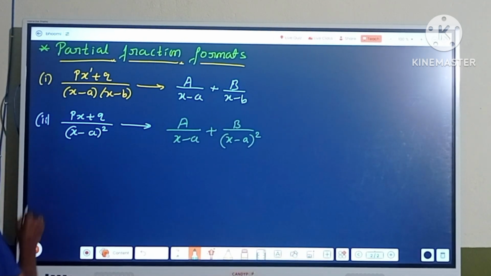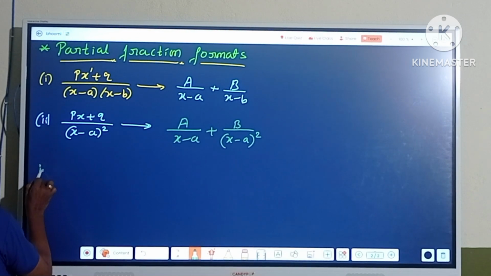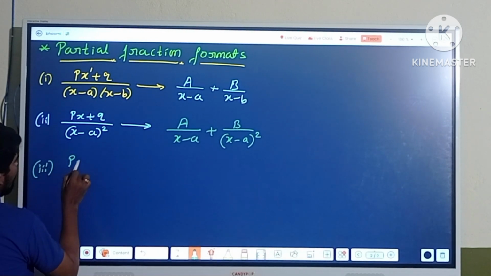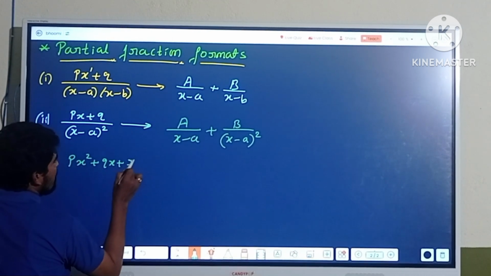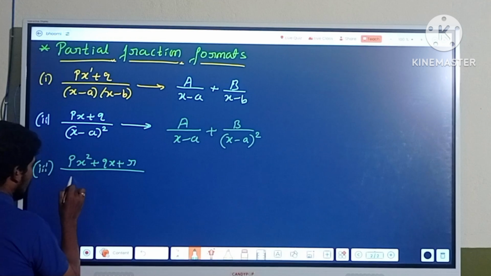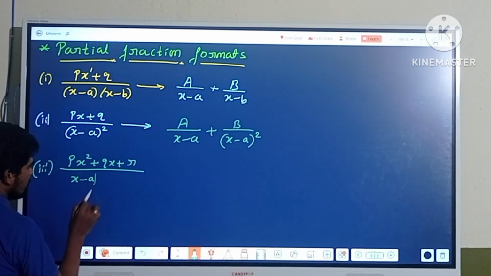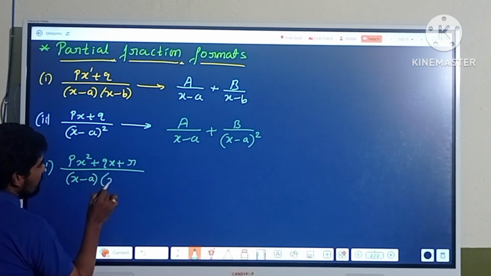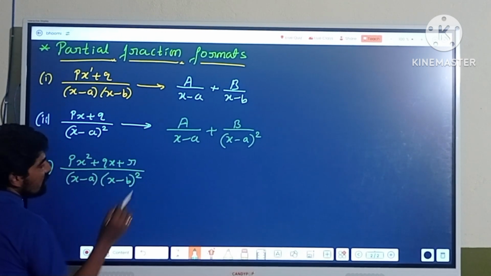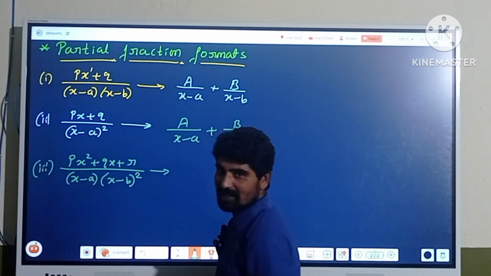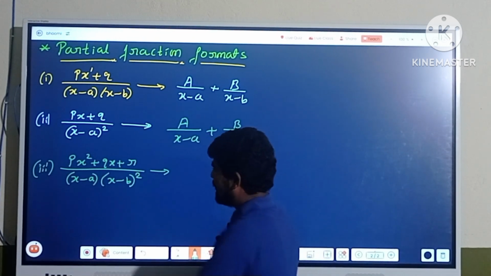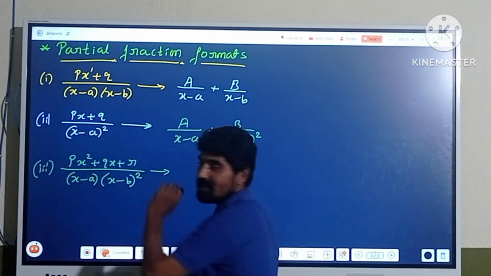And there exists one more format. If the format is (px square + qx + r) divided by (x - a)(x - b) whole square, now observe the denominator here. There exist linear factors, both repeated and non-repeated.